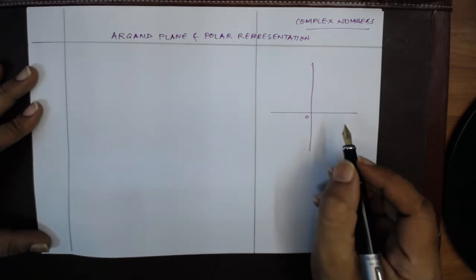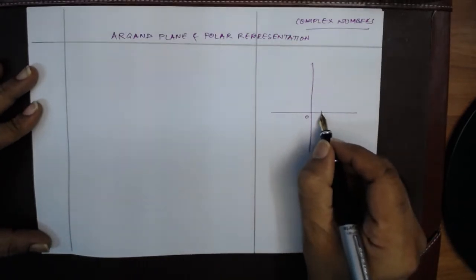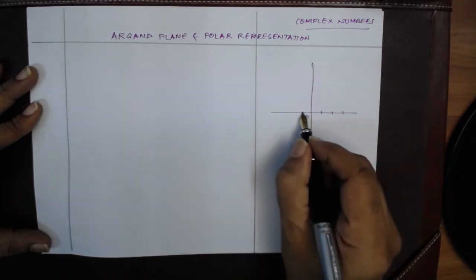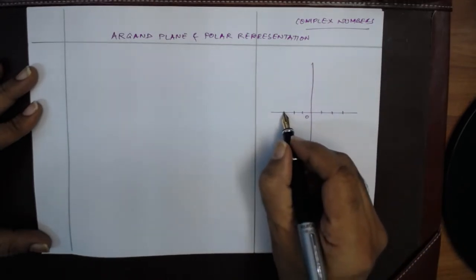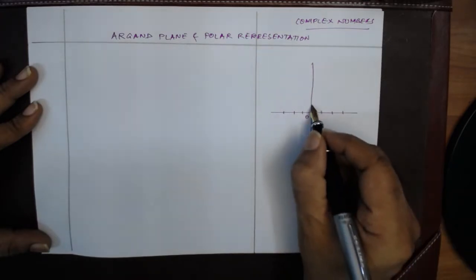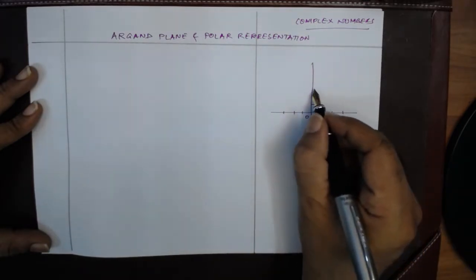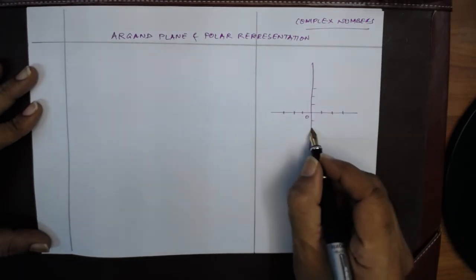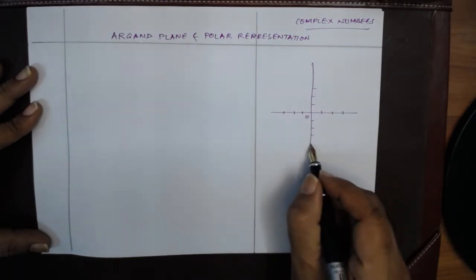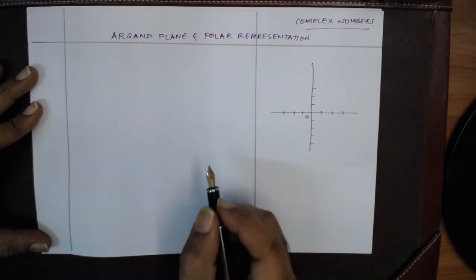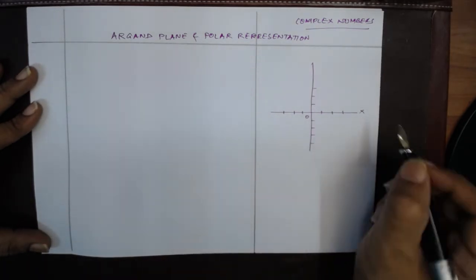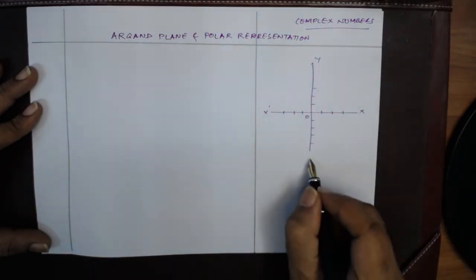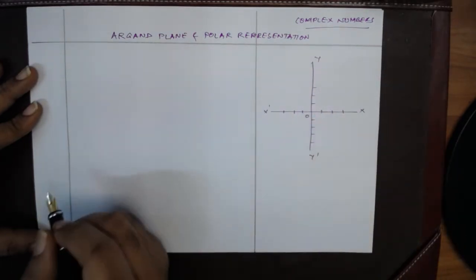Let us consider 1, 2, 3, minus 1, minus 2, minus 3 on the x-axis, plus 1, plus 2, plus 3 on the y-axis, and minus 1, minus 2, minus 3, minus 4 on the y-axis. So this is the x-axis and this is the y-axis.